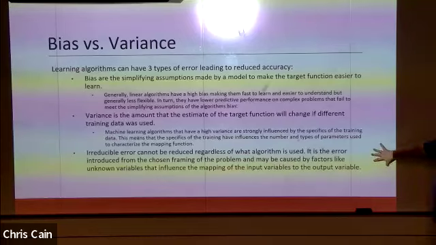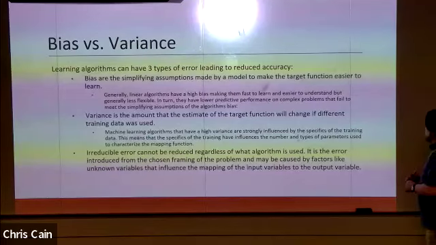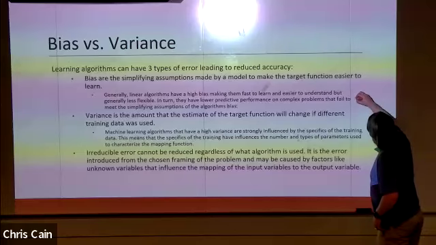No matter what we do, this concept of irreducible error is something that you just can't account for. You can't train for unknown variables that influence the mapping of input to output; it's not something that you're considering. So for instance, let's say I'm trying to build a model of how to be successful on a first date.